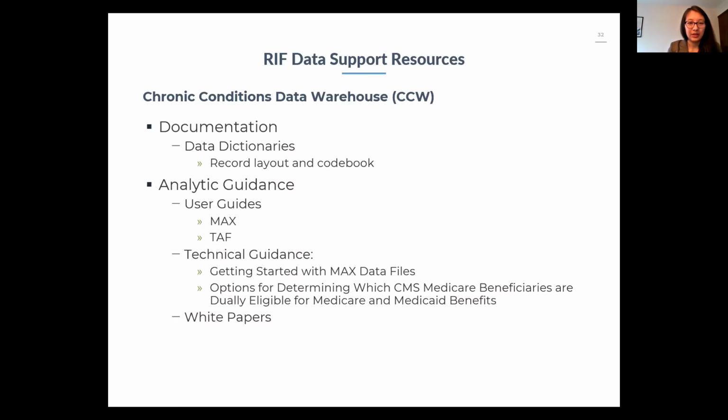But getting started with MAX data files has some sample SAS programs that can be useful. A lot of the white papers have some information on getting started on utilization studies. So they have information on evaluating emergency department utilization, long-term services and supports, ASCs, just good considerations for using the MAX data.